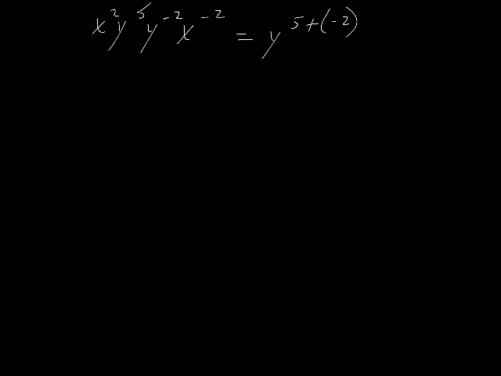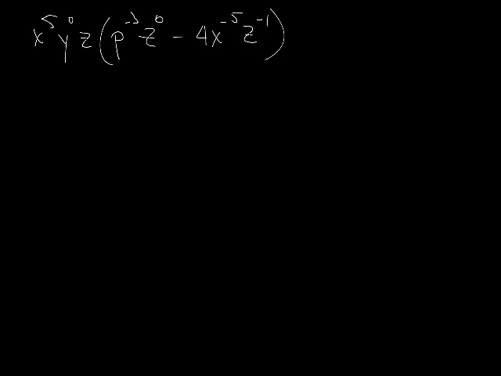And we put our x's together, x squared plus negative 2. With y to the 5 plus negative 2, the signs are different, so we take the difference and put the sign of the largest one on there. For the x's, take the difference between 2 and 2. There is no difference, so it's 0. Whenever it's 0, that goes away, and we just end up with y cubed for an answer.